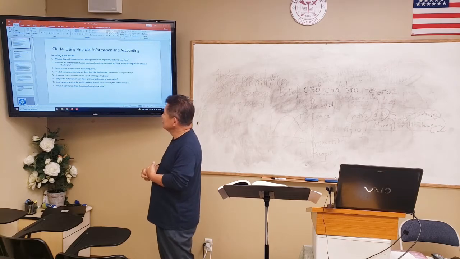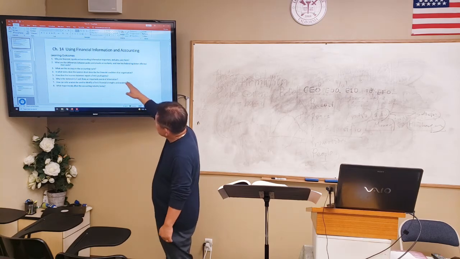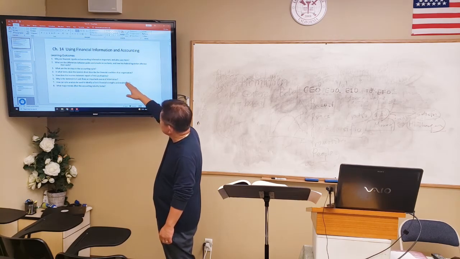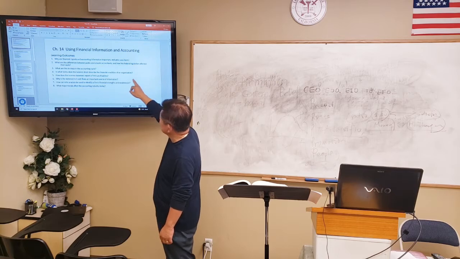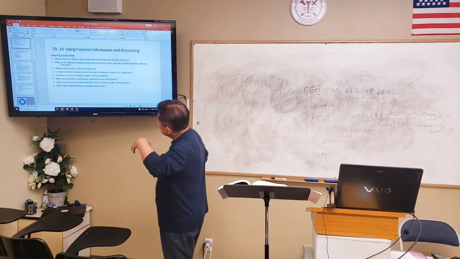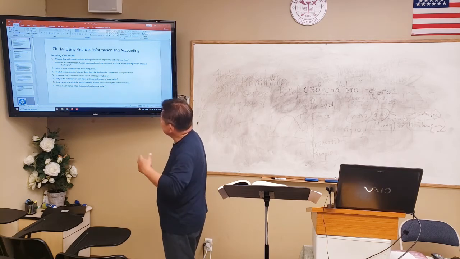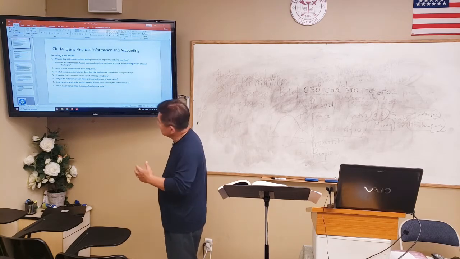So who uses the financial statements and who makes them? Second: what are the differences between public and private accountants, and how has further registration affected their work? It means whether they are certified and licensed or not.